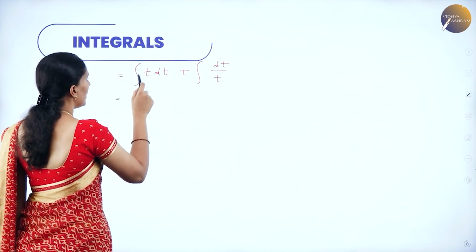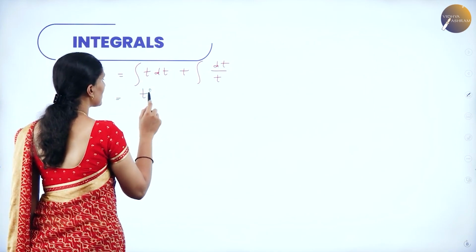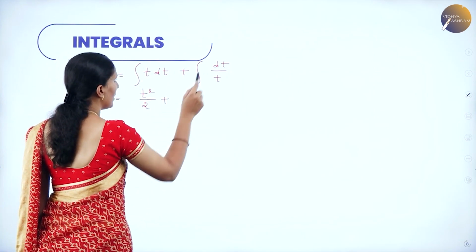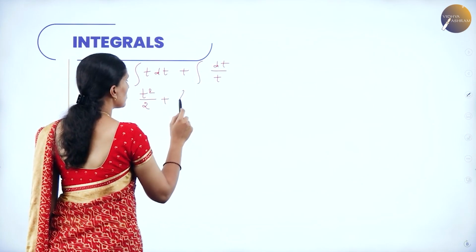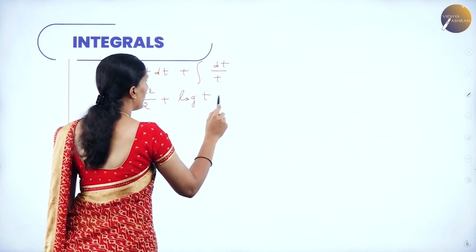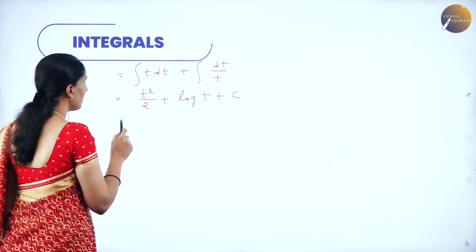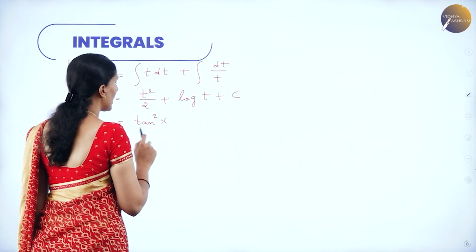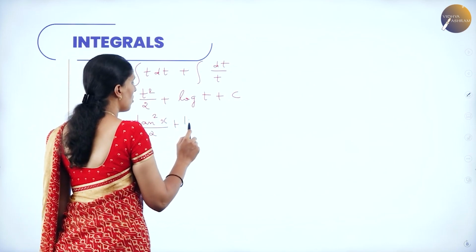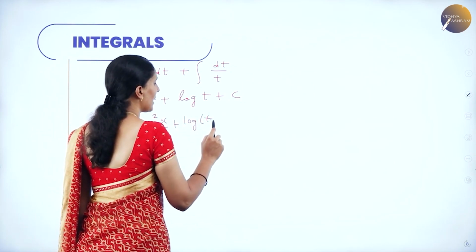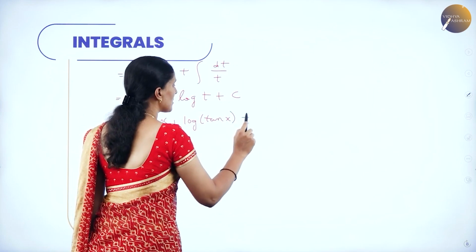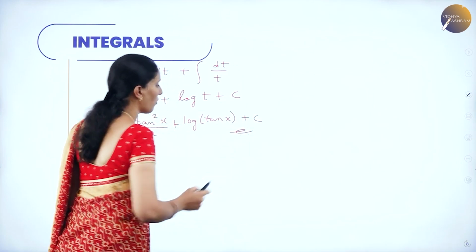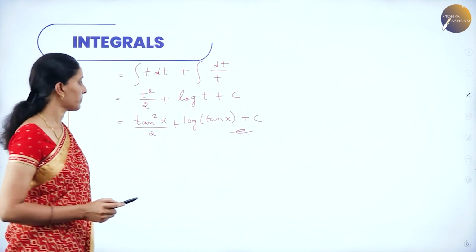So now integral of t is t square by 2, and integral of 1 over t is log t plus c. So what is t we have taken? That is tan x. So this is tan square x by 2 plus log of tan x plus c. So this is the value of the given integral.